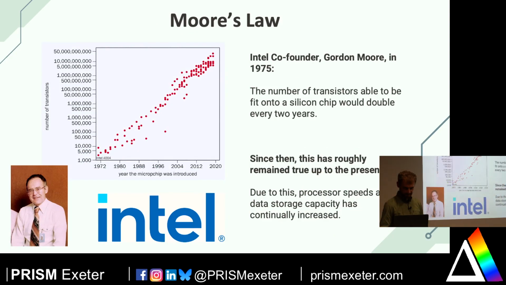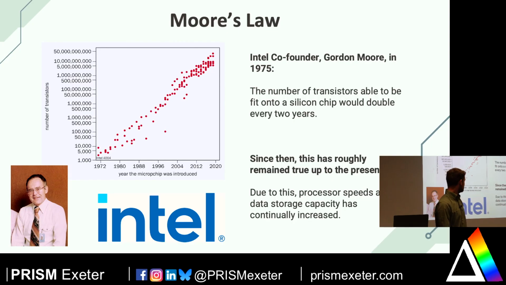Which brings me on to the Moore's law part of the talk. And it was a very good description, I think, of it in the introduction. So Gordon Moore was one of the co-founders of Intel, who are a very important computing company. I don't really know what else to call them.